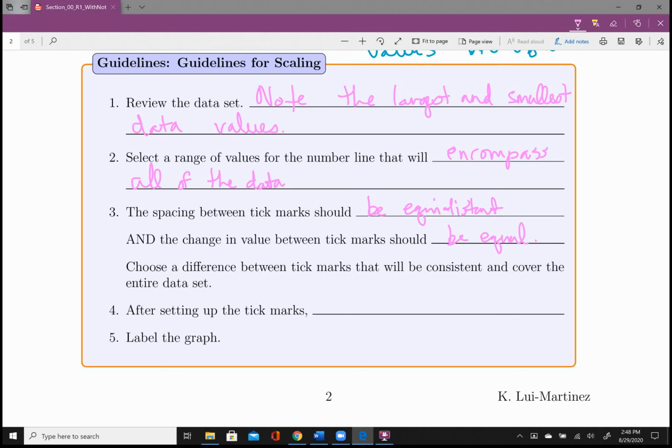Number 4, after setting up the tick marks, plot your data using dots, right? And then of course label your graph with something that has to do with the data set itself. Just take the data set and give it a name, basically.